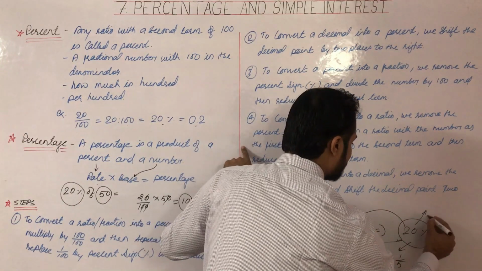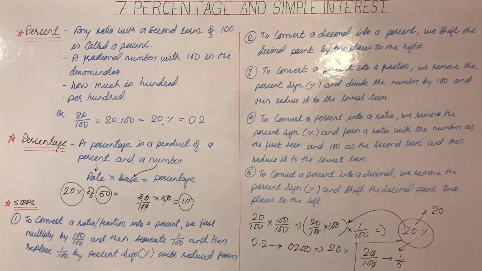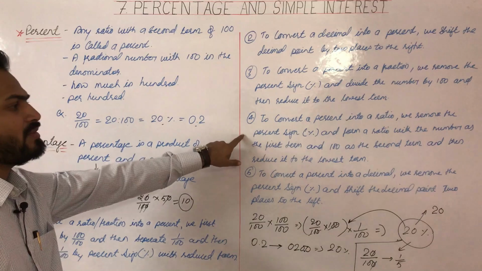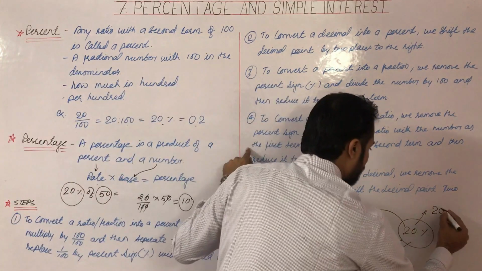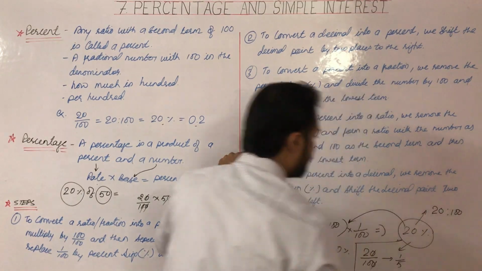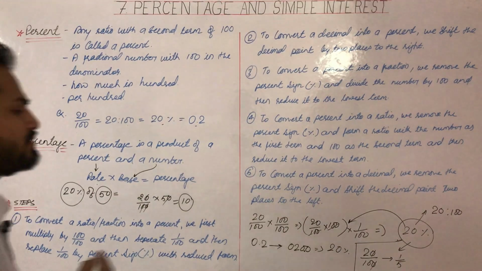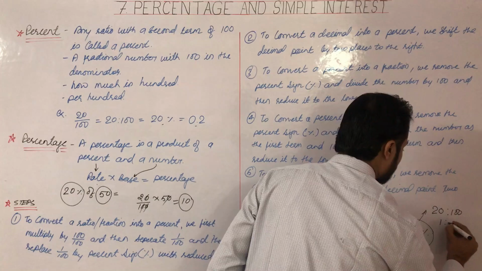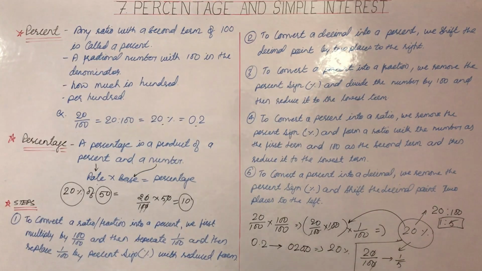So again, for 20%, first we have to remove the percent sign, and form a ratio with the number as the first term and 100 as second term, and then reduce it to the lowest form. Again, in the lowest form, 1:5. So 20% in ratio form is 1:5.